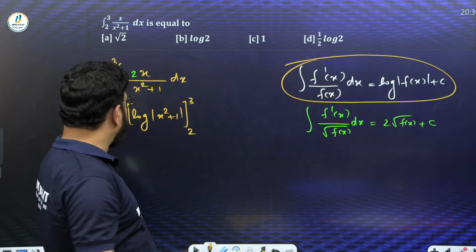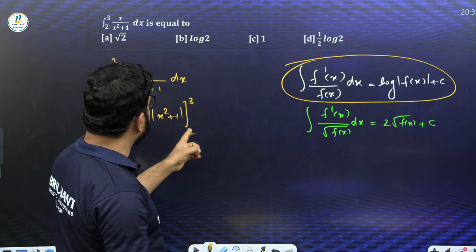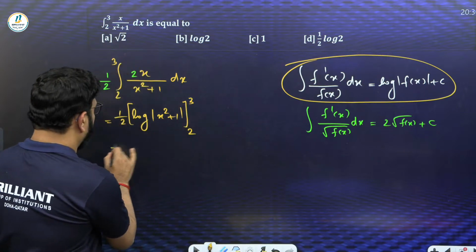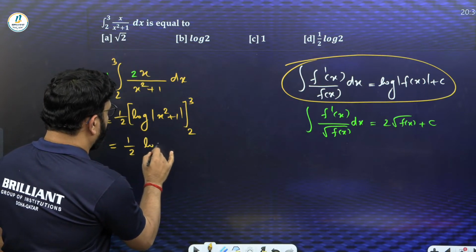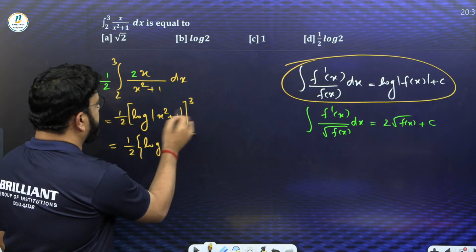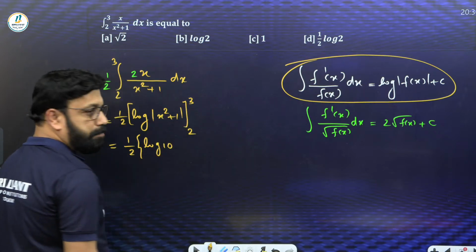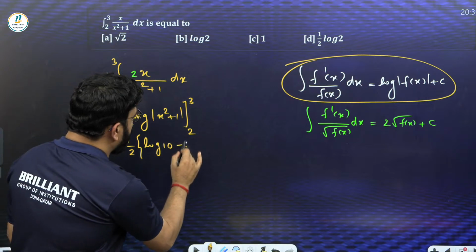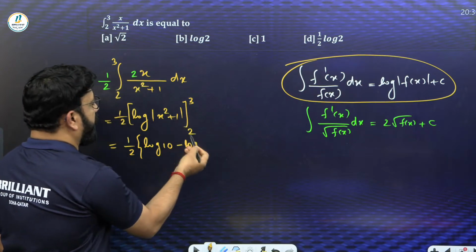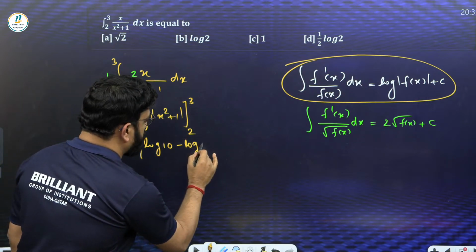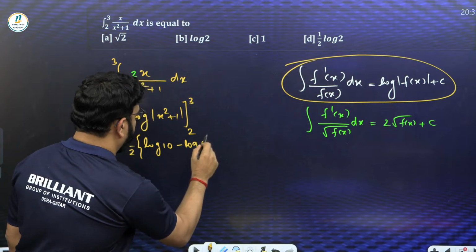Then log x square plus 1 from 2 to 3 is half of log of 3 square plus 1, 9 plus 1, 10 will come, minus log of 2 square plus 1, 4 plus 1, 5 will come.